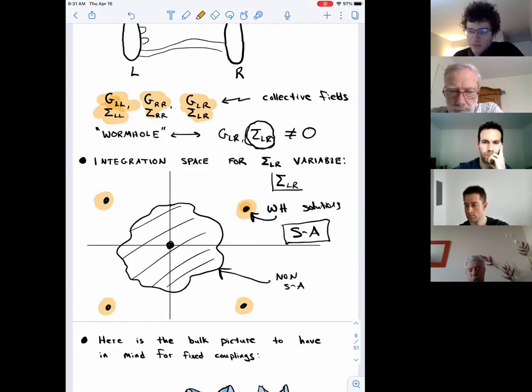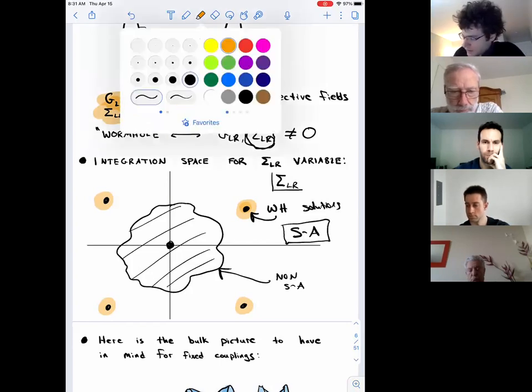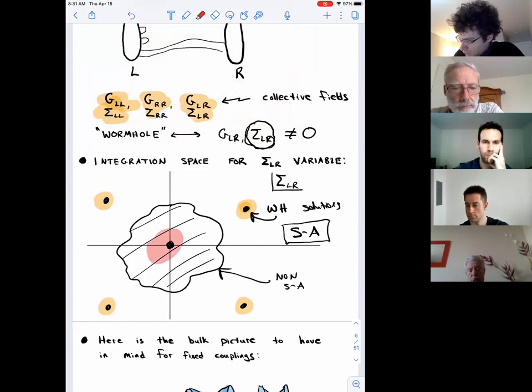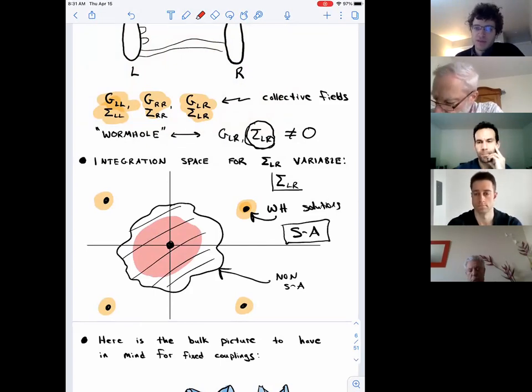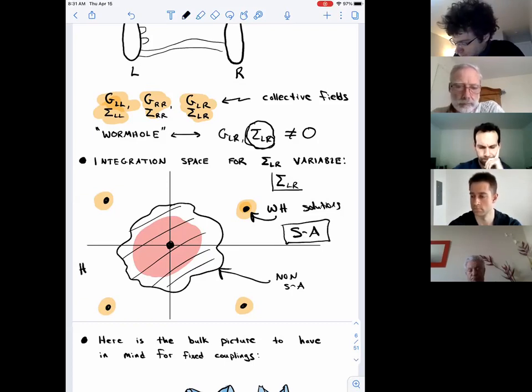But in the theory with fixed couplings, you have this region in the middle here, where the action is wildly, strongly dependent on the choice of couplings. If you average over the couplings, this region basically averages to 0. But if you fix them, then you have some large, important contribution. And the largest contribution comes from basically the origin.